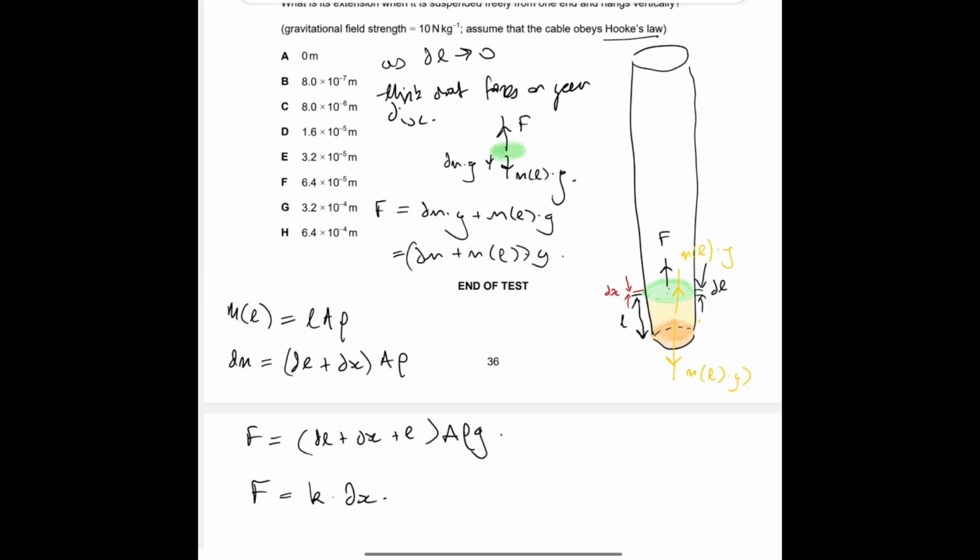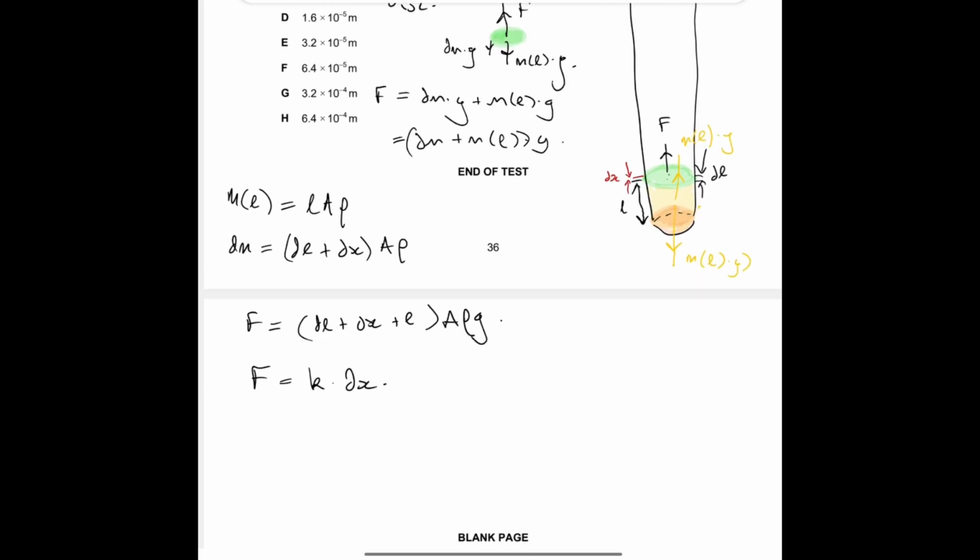Where K, I can't remember. This is also equivalent to using that stress over strain idea. No, sorry. To derive that, I always remember it as Young's modulus equals stress over strain, which is FL over... sorry.